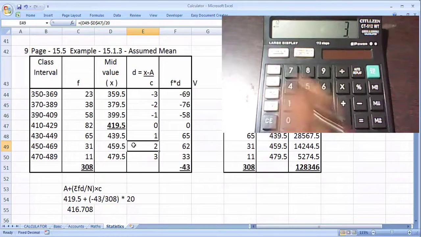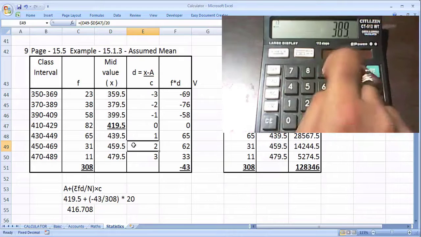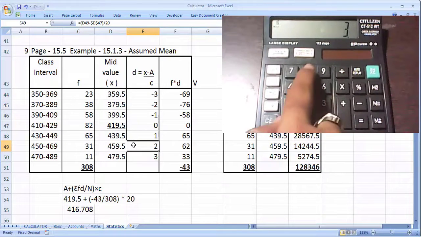How to calculate the midpoint? 370 plus 389 divided by 2 gives you the midpoint 379.5. From X, we subtract the assumed mean 419.5, divided by class interval 20, which gives minus 2. Now into 38, which is a given number.